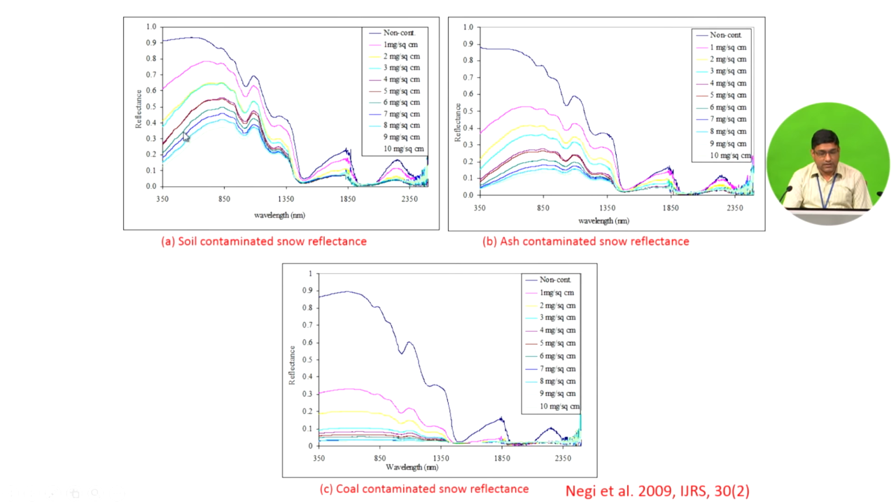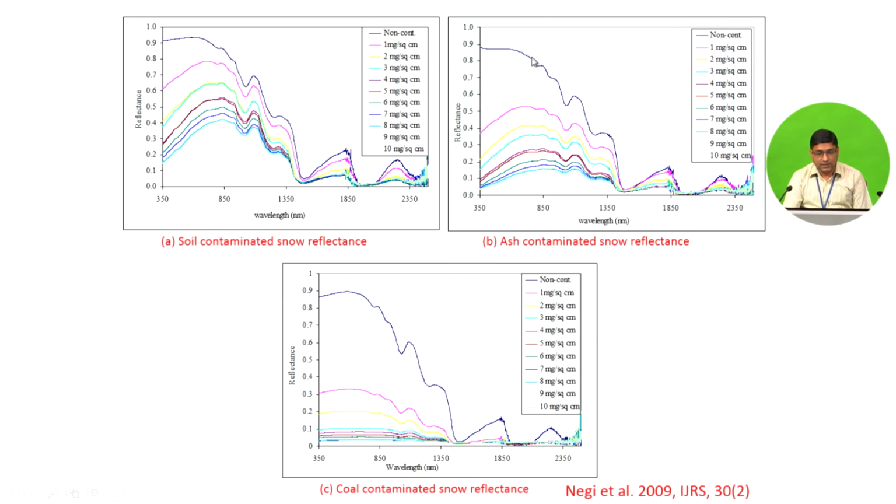This is the field spectra when soil of 1 milligram per square centimeter to 10 milligrams per square centimeter has been added to the snow, and this is the corresponding spectra. You can see that with the increase in sediment, the reflectance is decreasing in this region. Using this information, we can identify whether the snow is contaminated with soil or not.